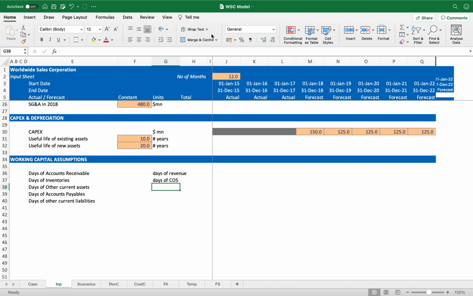Other current assets, days of revenue. Accounts payables, days of cost of sales, and other current liabilities also days of cost of sales.